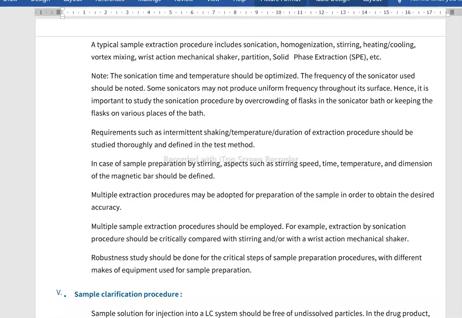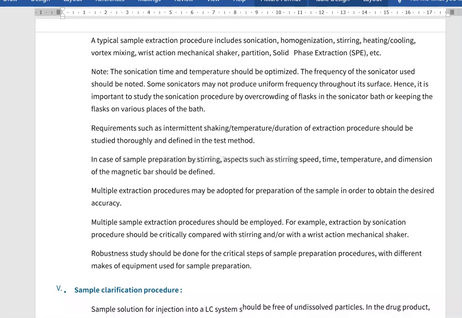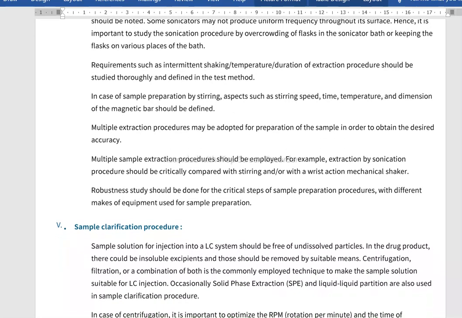Robustness study should be done for critical steps of the sample preparation procedure with different makes of equipment used for sample preparation. Sample clarification procedure. Sample solution for injection into a liquid chromatographic system should be free of undissolved particles.